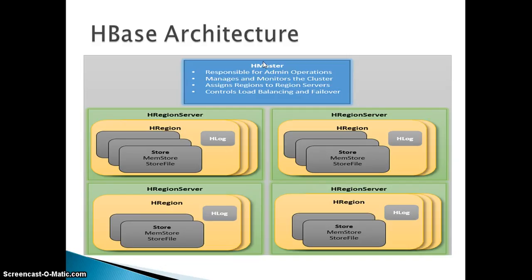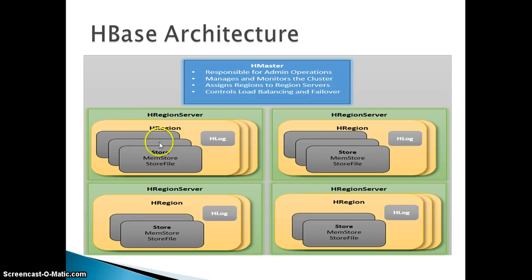It assigns regions to the region servers. Each region server has a group of regions, and those regions have to be assigned by the HMaster itself. It also has to control the load on a particular cluster, because it's the master. That's all about the HMaster, the master of the HBase architecture.